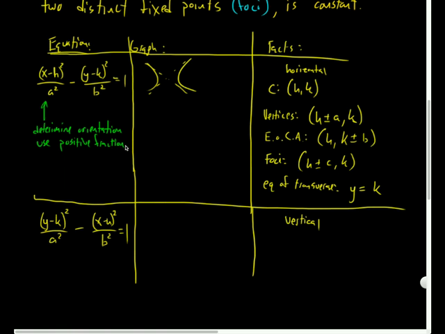It's not just based off of whichever denominator looks bigger. So that right there is the place for a common mistake. And so a vertically oriented hyperbola would look something like this.